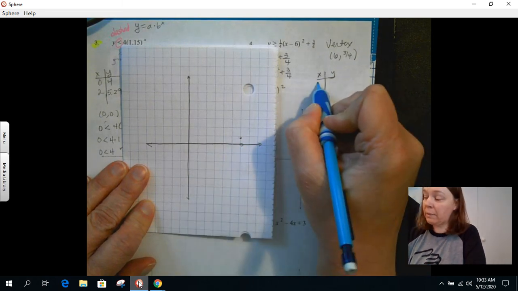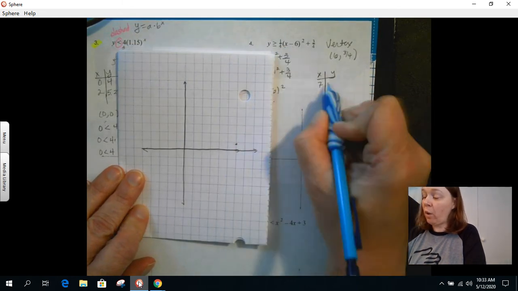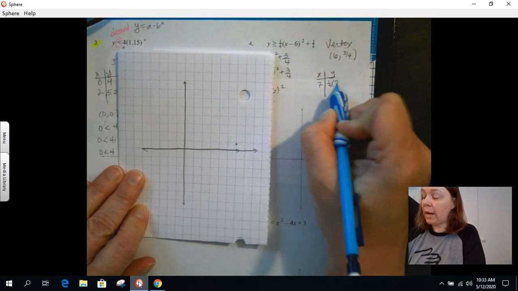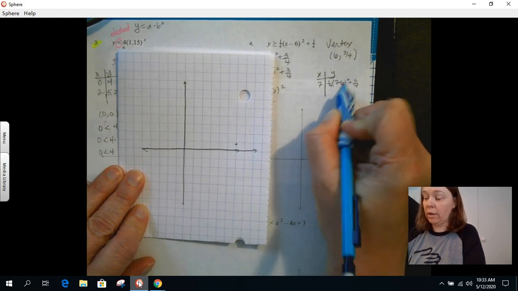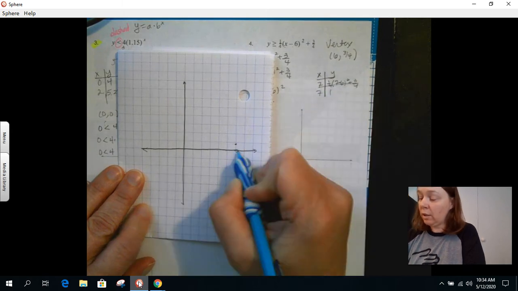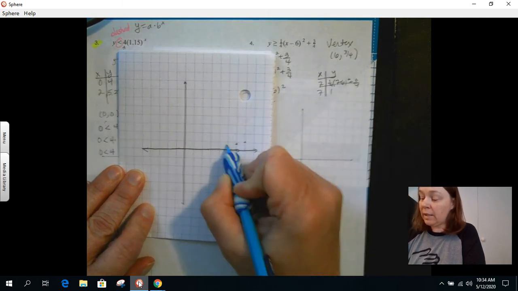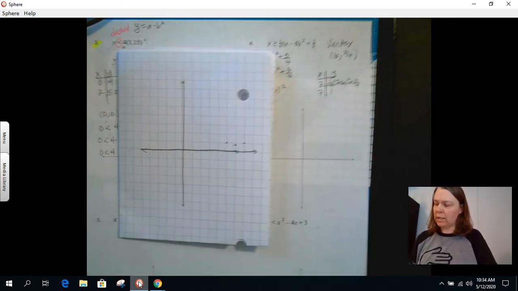Let's say I pick 7. If I plug that 7 in here, I have 1/4 times 7 minus 6 squared plus 3/4. Well, that's just 1 squared, and 1/4 plus 3/4 is 1. So I have the point 7, 1. And because I have symmetry in a parabola, I can just plot another point on the other side. Now, what is this supposed to be?